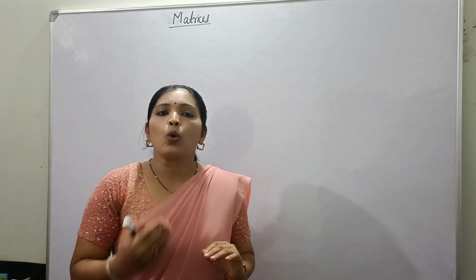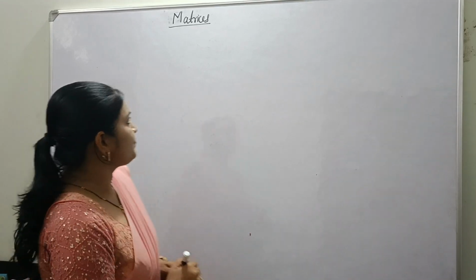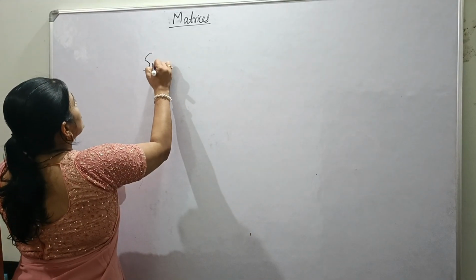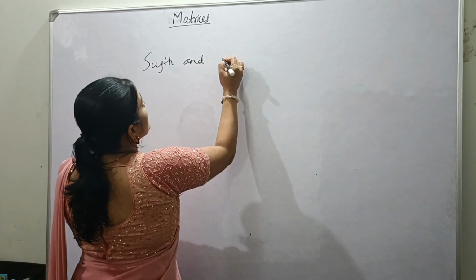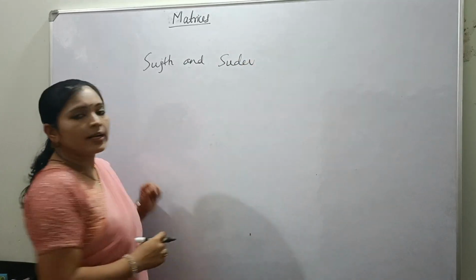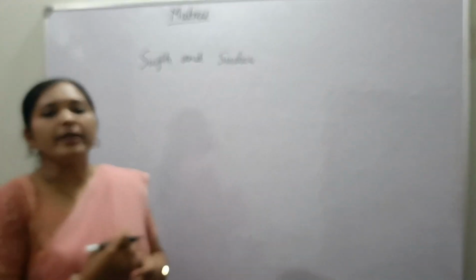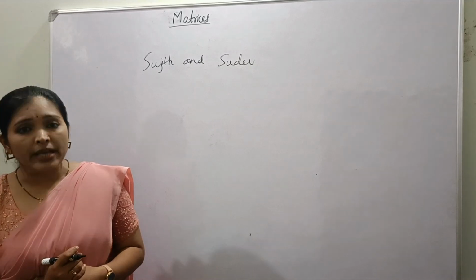Now let us look at an example for a matrix. Here Sujit and Sudev are classmates and they appeared in the entrance examination in engineering.